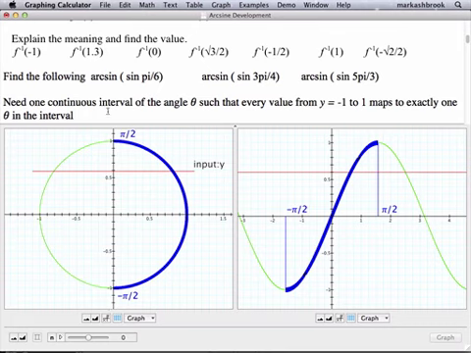Negative 1/2 will be right here. What angle would it be? Negative pi over 6. 1 is an input that gives pi over 2. And how about radical 2 over 2? Negative pi over 4.